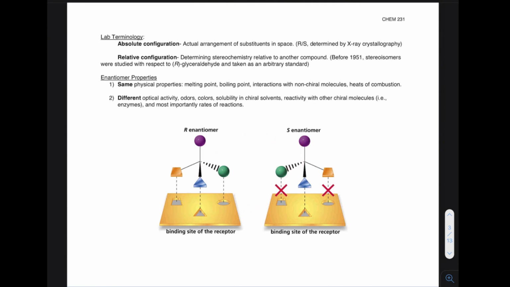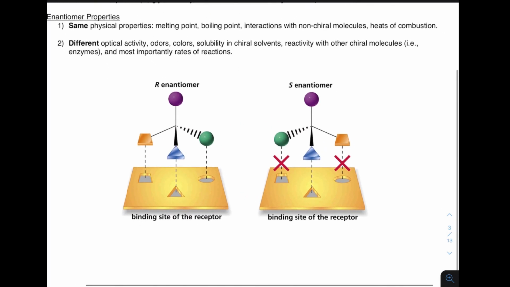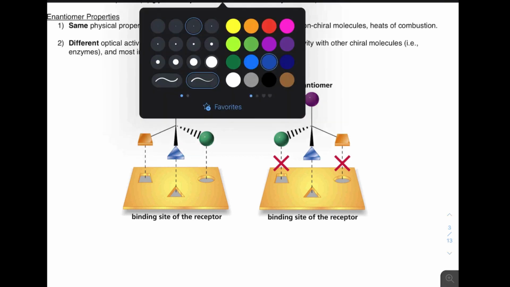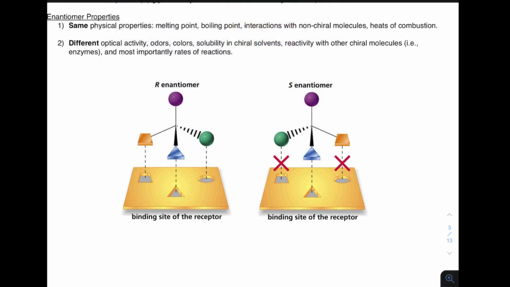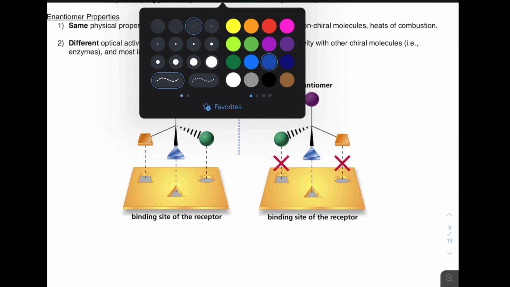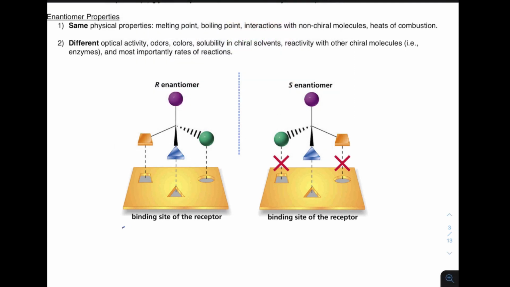And so in this example I have down here, to bring this to a biological aspect, we have an R enantiomer and an S enantiomer. And you can see, you don't have groups here, we have sort of shapes. And so we can see that these are mirror images of one another, the S and R enantiomer. And here, down below, we have our enzyme, and molecules bind to enzymes.